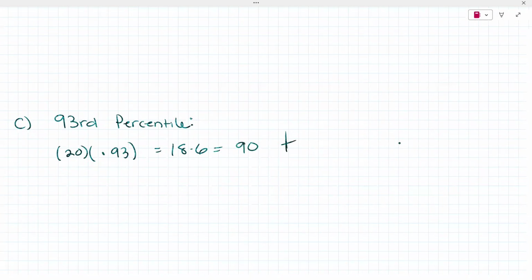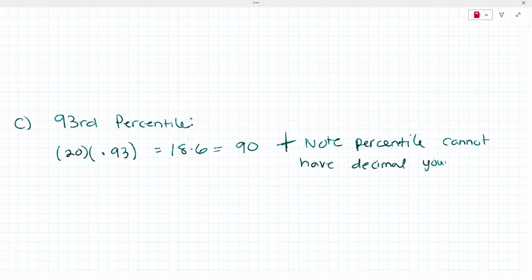Yeah, so note: percentiles cannot have decimals. You're going to need to round. So yeah, it should be 19, not 90.